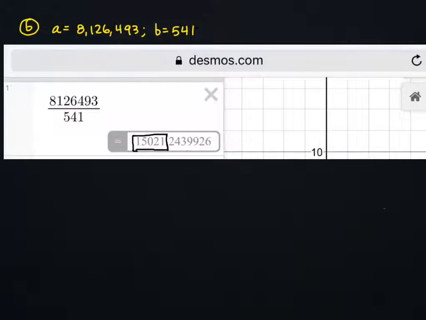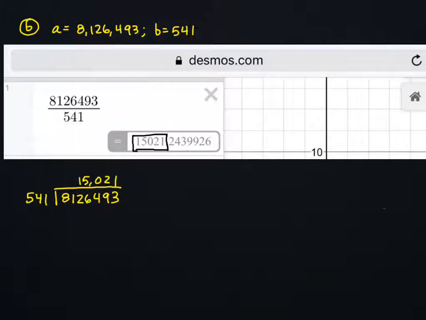So let's figure out how much exactly is left over. If I set this up using long division from the past, what I'm saying again is that the quotient is going to be 15,021. But how much is going to be left over?